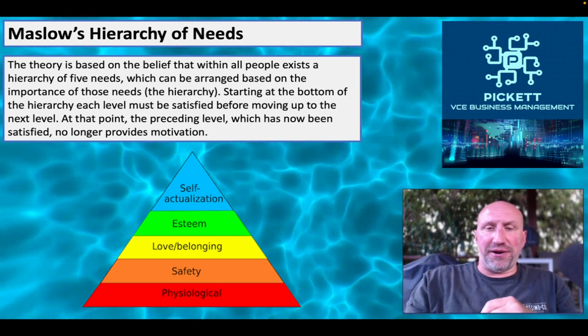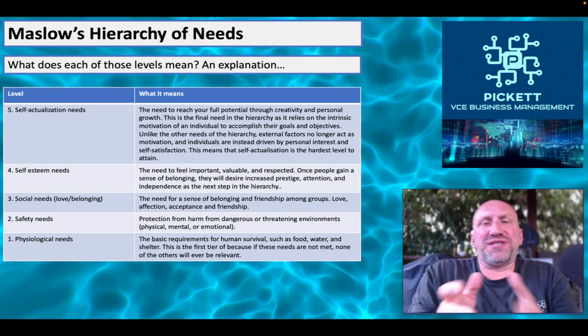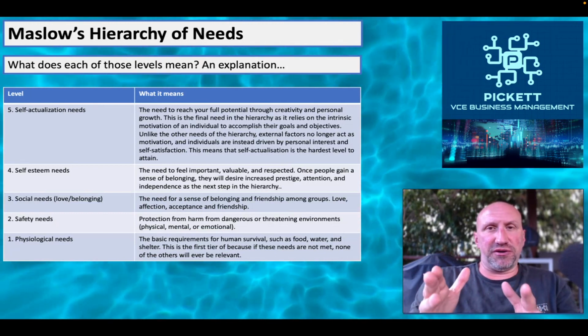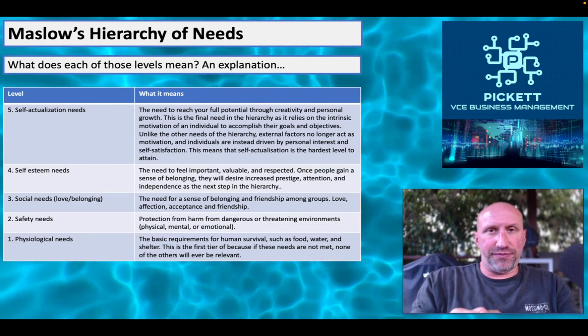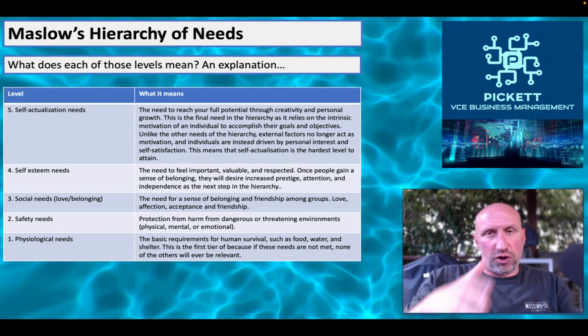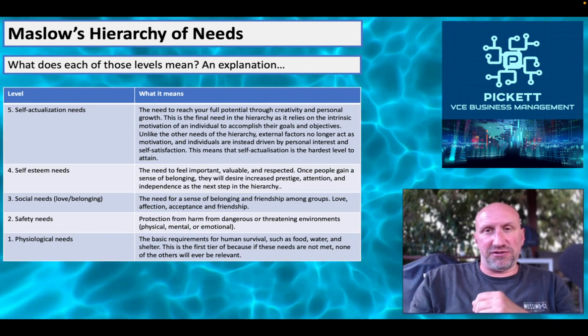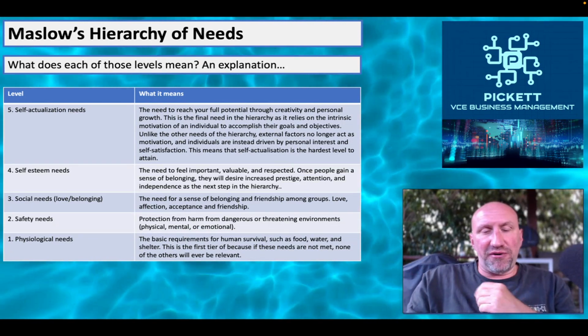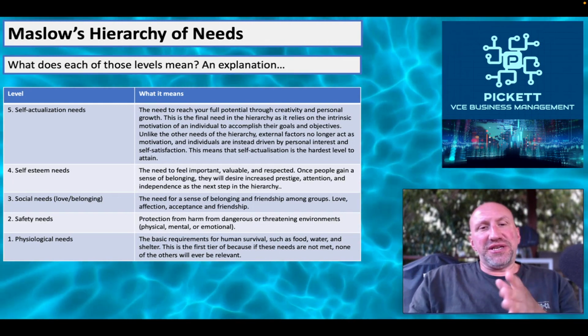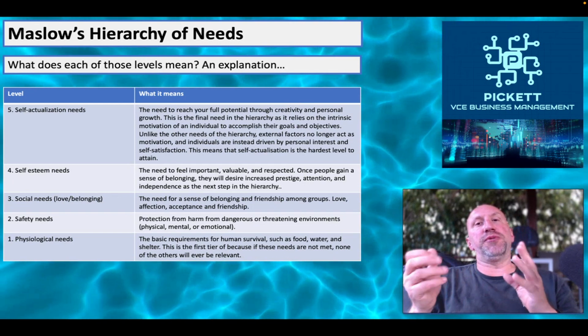And in fact, what does each of these levels mean? Let's put a little bit of explanation around those levels. I'm going to start at the bottom, physiological needs, and move through the hierarchy bottom to top in the way that Maslow says you need to move through it. So physiological needs. Now remember, this was a human motivational theory.